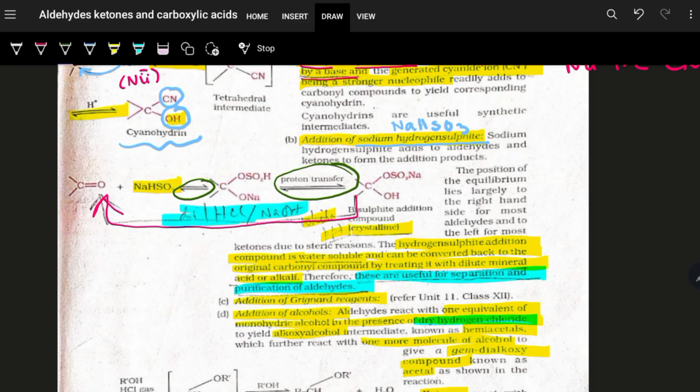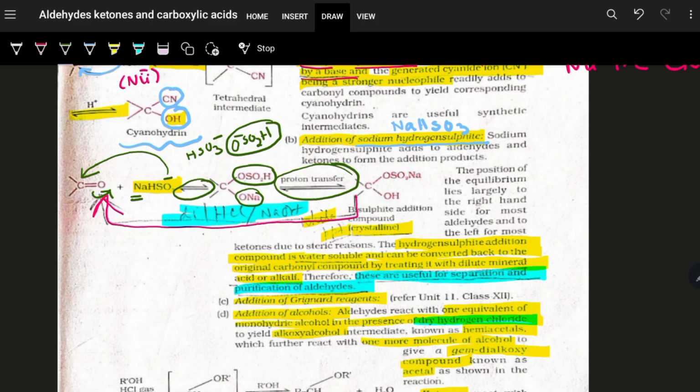How? It is actually HSO3 minus which attacks the carbonyl carbon, forming O minus which holds the sodium. So O minus is holding the sodium. You are left with HSO3 minus, which can be written as OSO2H minus. So that's why the linkage is this, OSO2H.